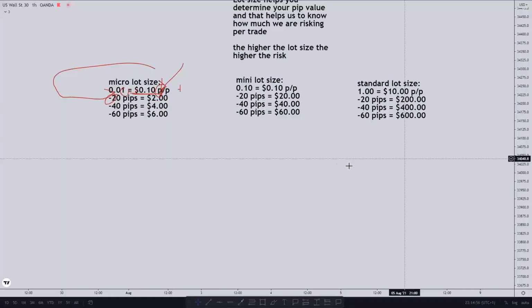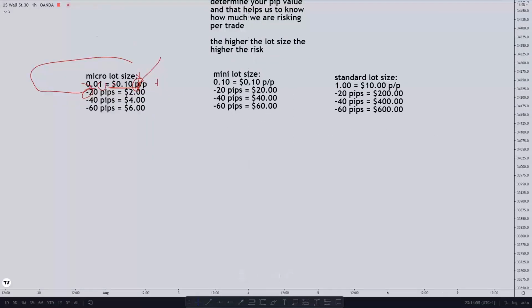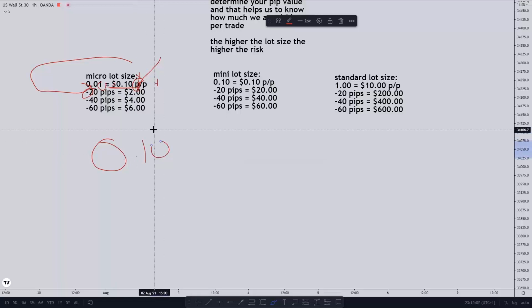Okay, so let's move on to the mini lot size, right? Mini lot size, same thing, right? 0.10 equals, wait, no, it's supposed to be $1, can't be 10.